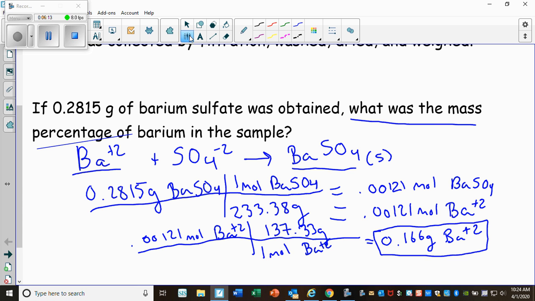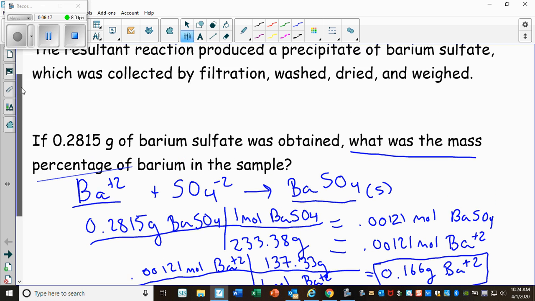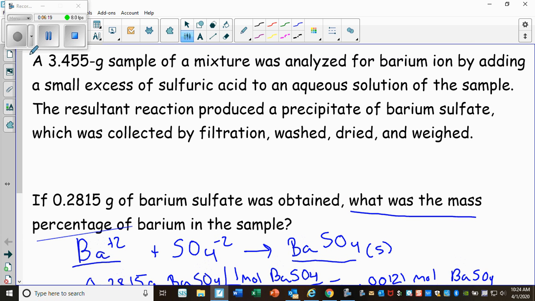Mass percent is not hard, but a lot of people forget, you are literally just taking the percent of the thing that you care about over the total. So this is where the 3.455 grams comes in. That's the overall mixture, including whatever the other soluble ion is present there. This is going to be our denominator in this case.